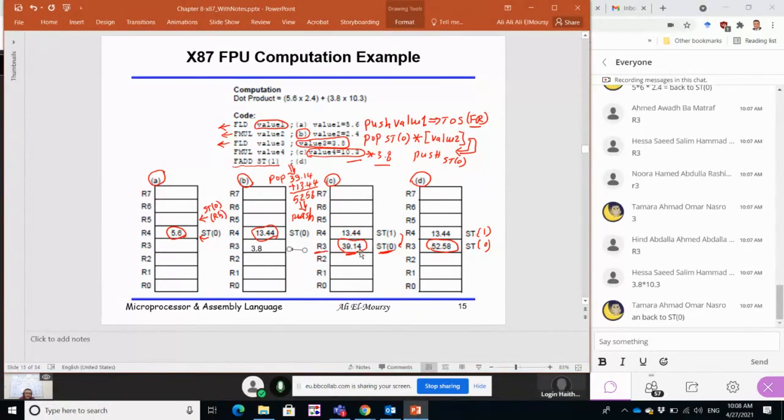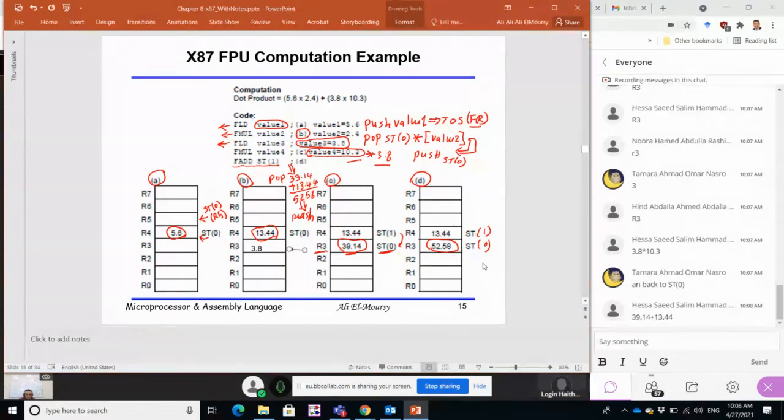It will be added to R4, which is ST1. Those two values will be added. So ST0 will be popped, added to ST1, and the result will be pushed back into the top of the stack, which is ST0, the final result, 52.58.